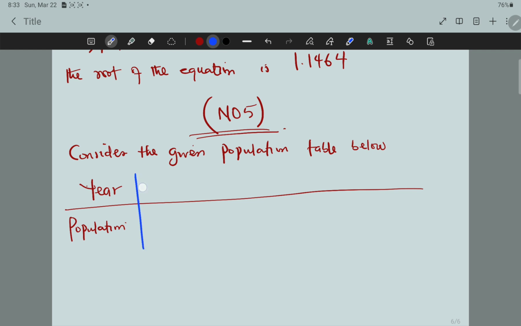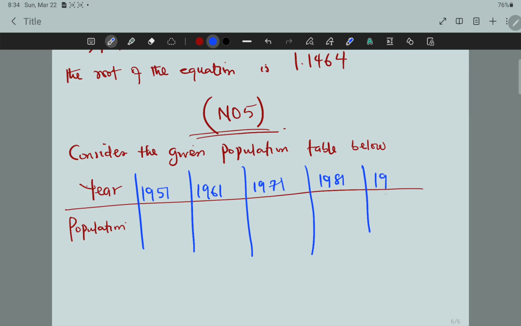We have 1951, 1961, 1971, 1981, 1991. At these points we have 98752, 132285, 168076, a dash here, and 240060. Consider this population.